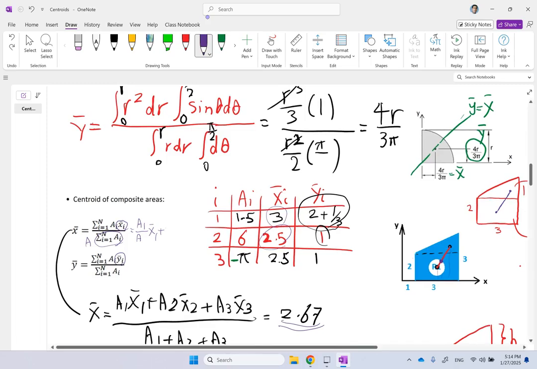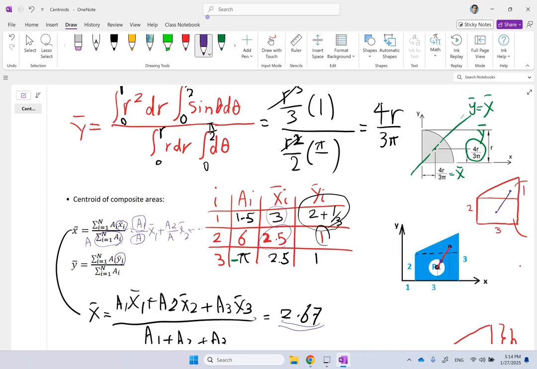A2 over A x2 bar and dot dot, correct? So you see the weight of each centroid location is the fraction of the total area that the area of that own individual shape is basically making.